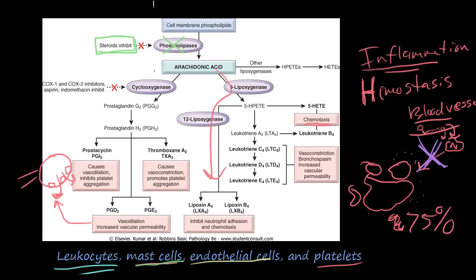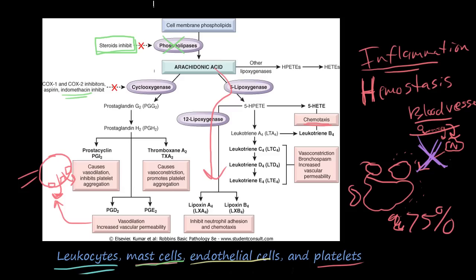Another thing is the COX-1 and COX-2 inhibitors, aspirin and indomethacin. I don't know if I'm saying that right, but it's a drug that inhibits these cyclooxygenases, these enzymes that go down this pathway to promote inflammation.